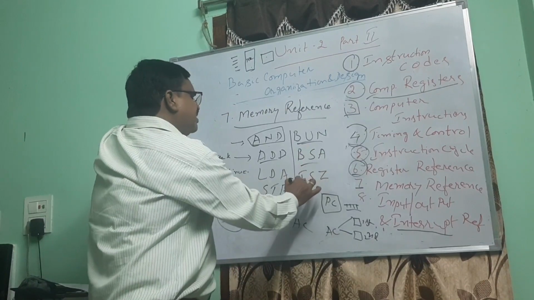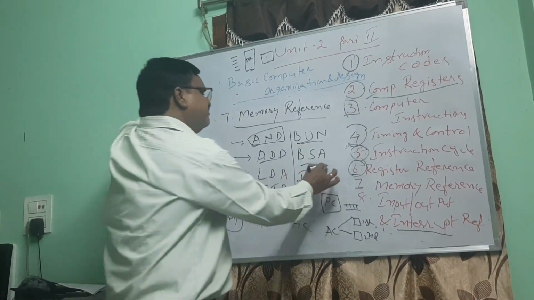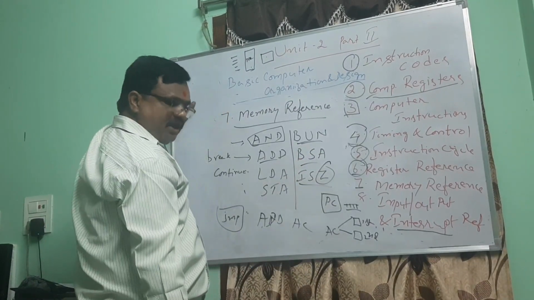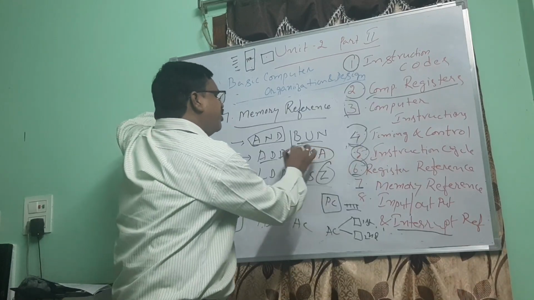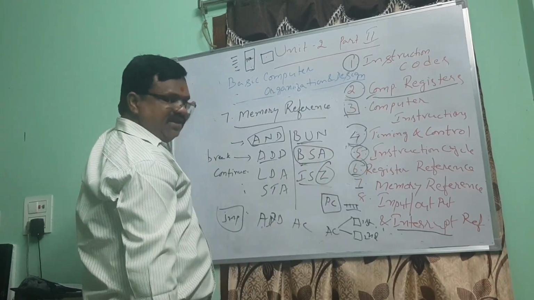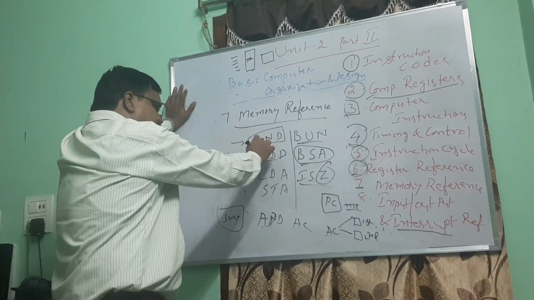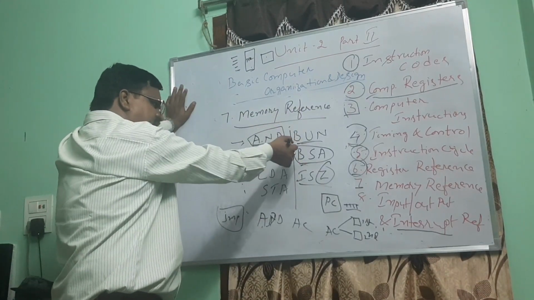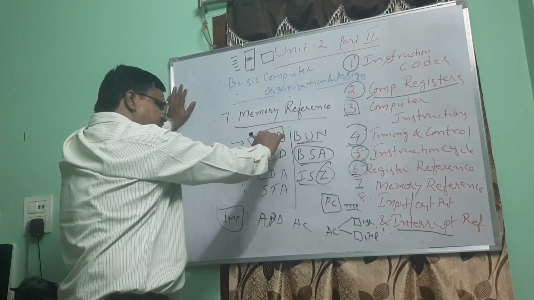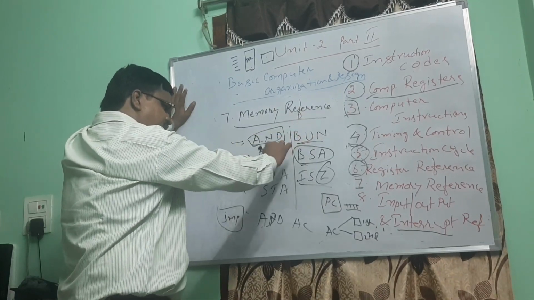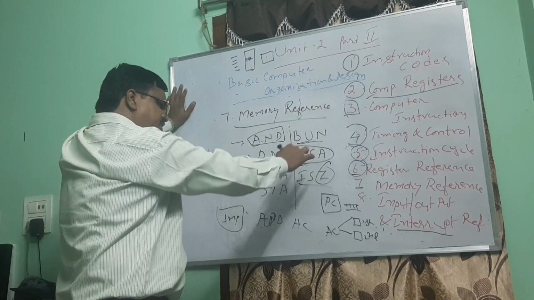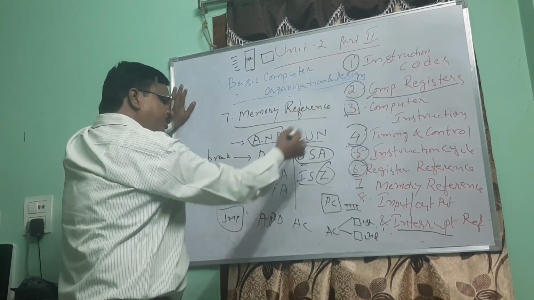Like that BSA. So increment and skip if 0. Branch if accumulator is positive. Branch sign. Okay, accumulator is positive. Like that, all these are related with memory. AND the value of the memory with the accumulator, add the value of the memory with the accumulator, load the accumulator with the memory value, store the value of the accumulator into memory.